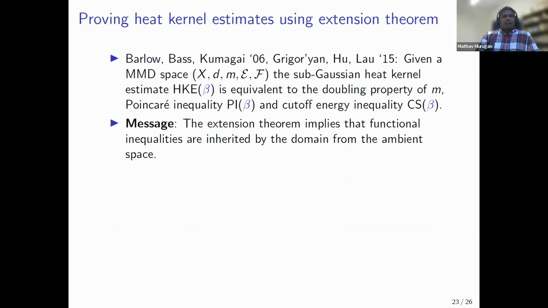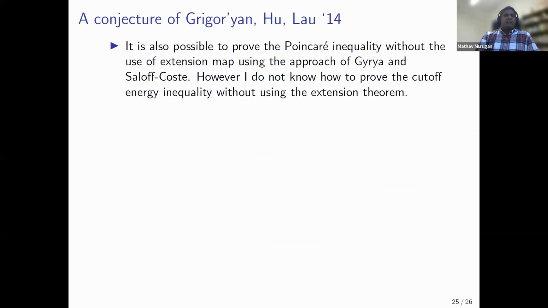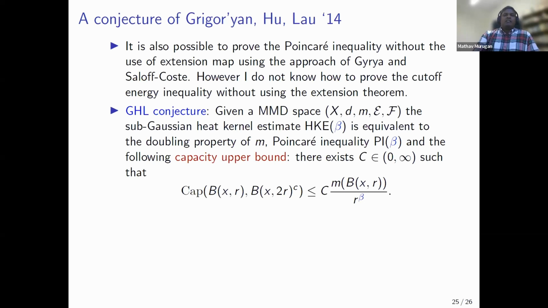And there is a conjecture of Grigorian, Hu, and Lau, which says that the heat kernel estimate is equivalent to the doubling property, the Poincare inequality, and, instead of the Cutoff-Sobolev inequality, just a capacity upper bound between annuli, between a ball of radius r and a concentric ball of radius 2r.